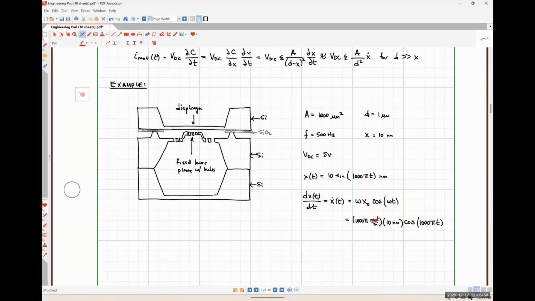Is going to come out to be 31.416 times 10 to the minus 6. So this will be micrometers per second.